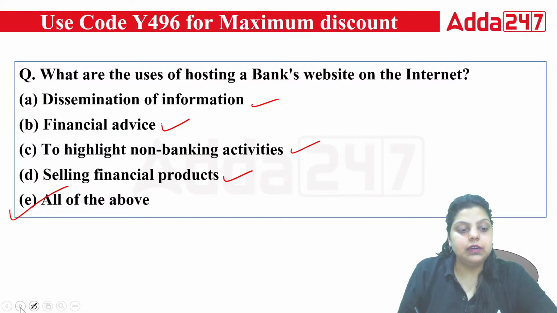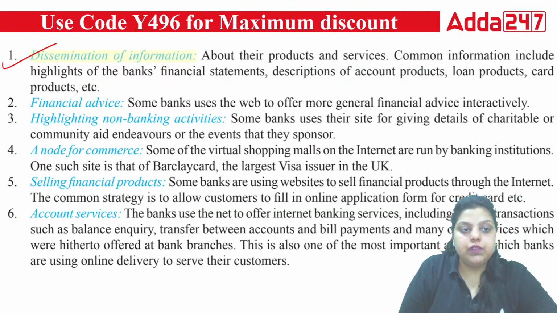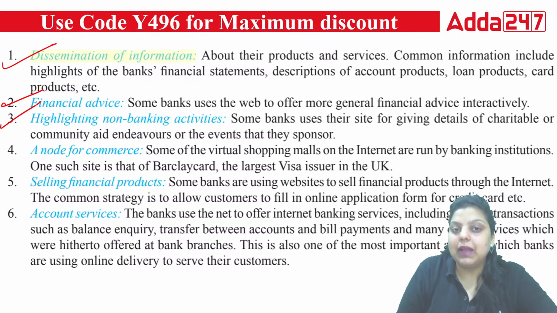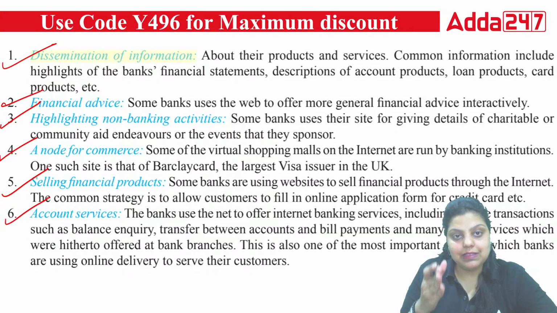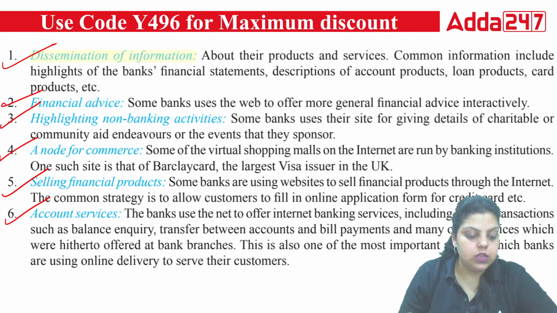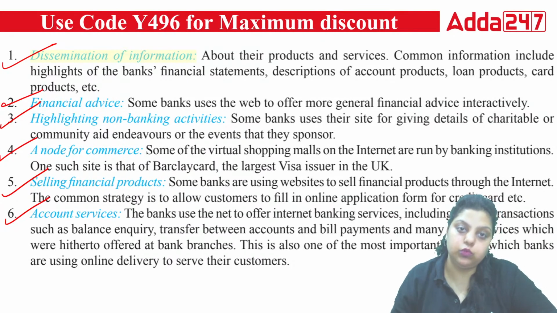So you can see here, dissemination of information can be done, financial advice can be provided, non-banking activities can be highlighted, e-commerce is possible, selling financial products is there, and account services also will be mentioned. So all of these are the purposes for which a bank's website on the internet can be used.